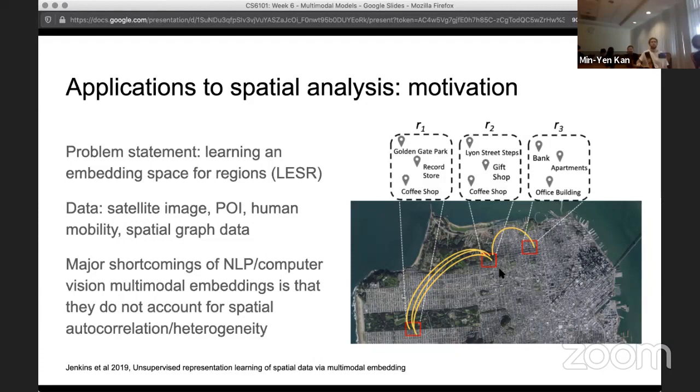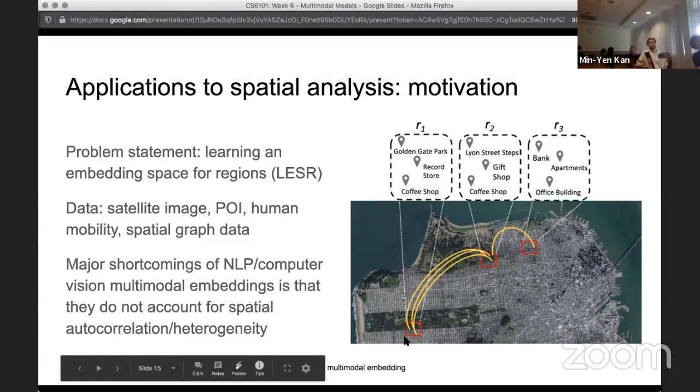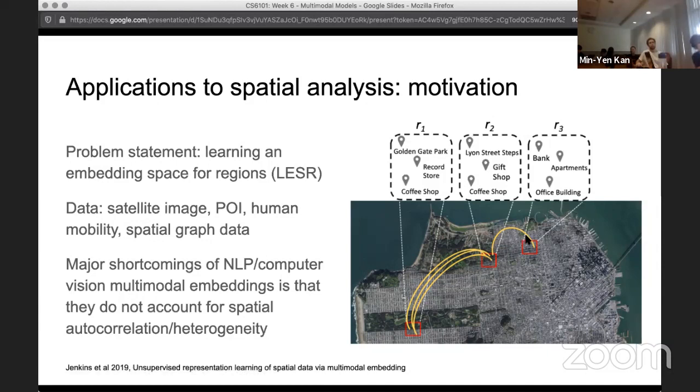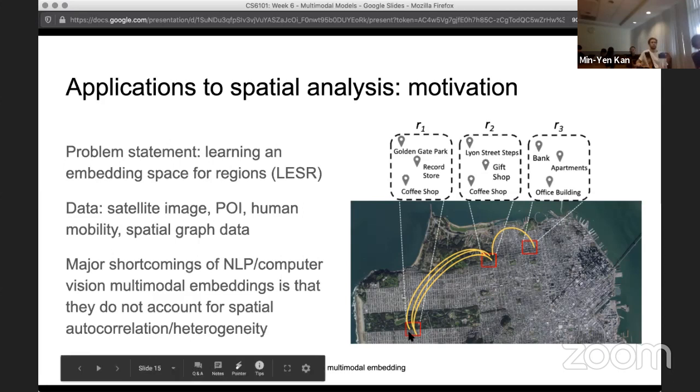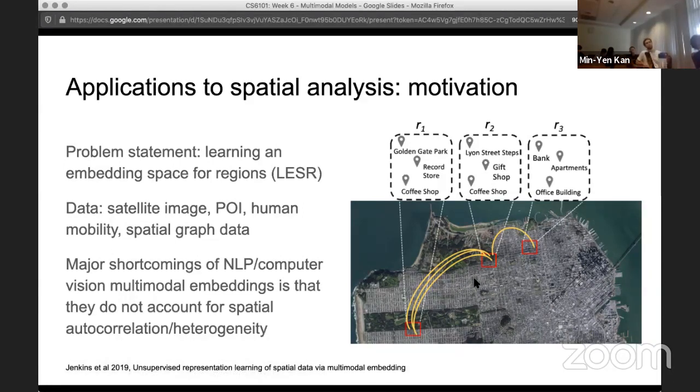If you simply took a satellite picture of this place, which is San Francisco, and looked at this neighborhood, and this neighborhood, and this neighborhood, you would think the two closer neighborhoods are more likely to be similar because they're close together. But just looking from far, you can't really make sense of an image like that. You can only see a gridded pattern, an ocean, and a big park.